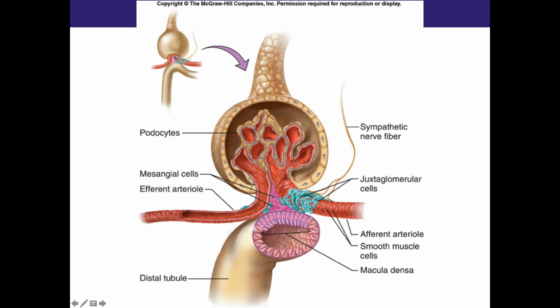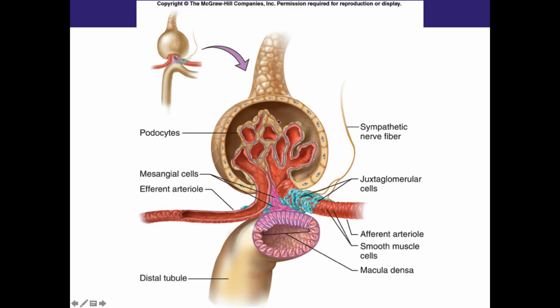These are known as the glomerular capillaries, and these are under really high pressure. These podocytes mean foot processes. These are specialized structures that form these filtration slits, and they can be modified. The slits can close or they can open to allow for less flow or more flow. So it's kind of regulating the flow.